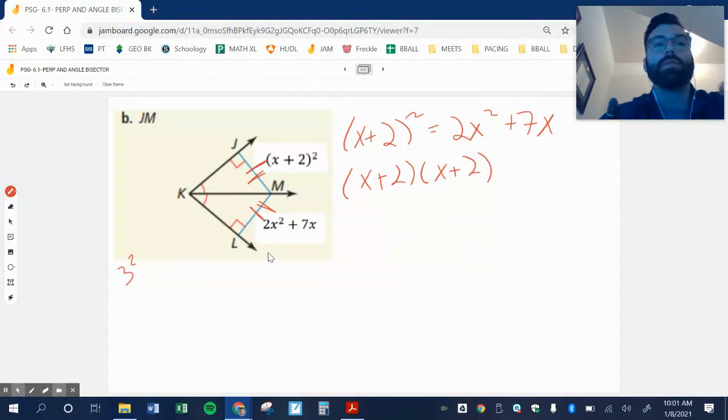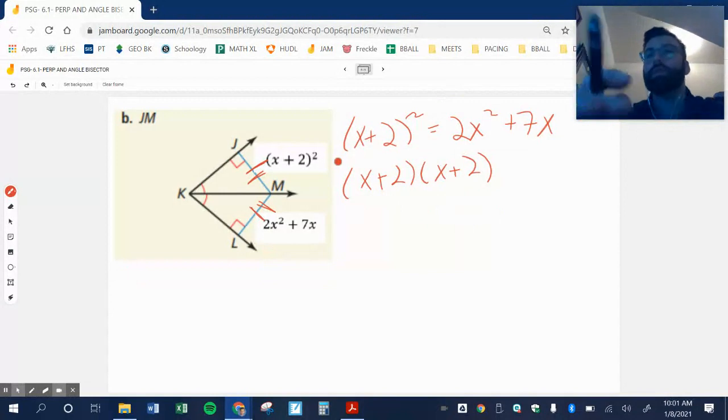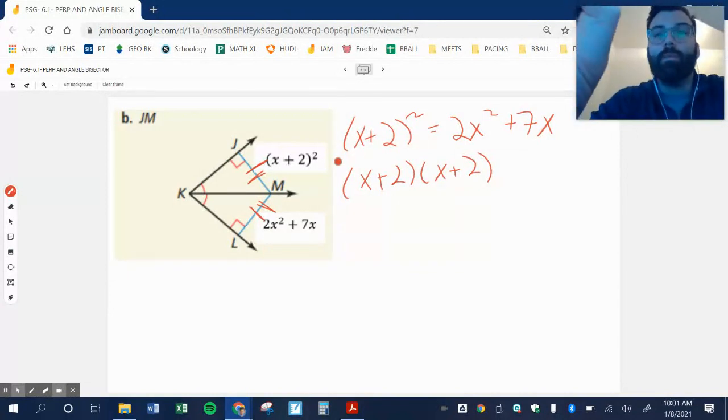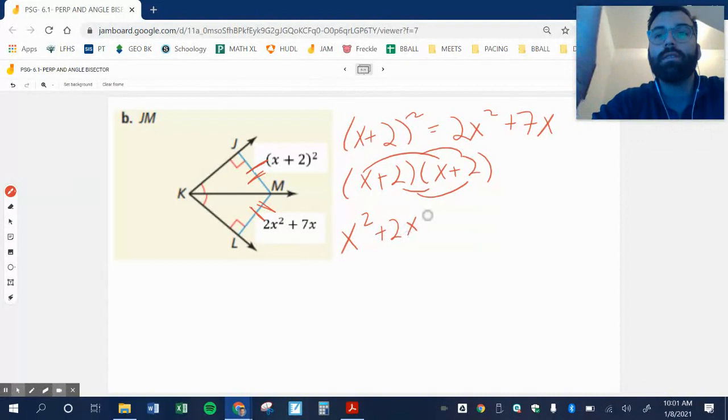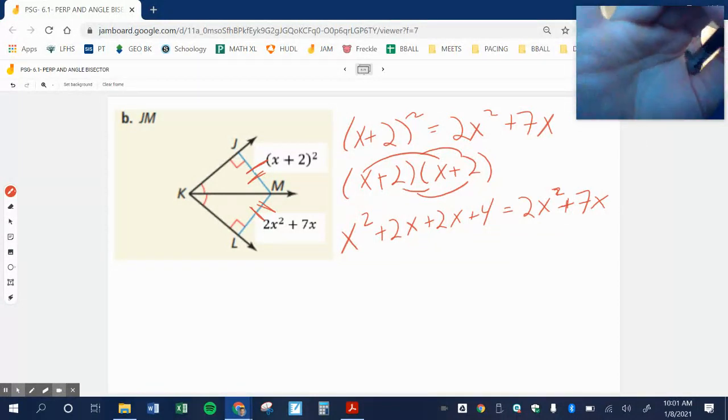I don't just distribute the exponent. That doesn't work. That's a common mistake that people make all the time. So I get x squared plus 2x plus 2x plus 4 equals 2x squared plus 7x. Combine my like terms on this side: x squared plus 4x plus 4.